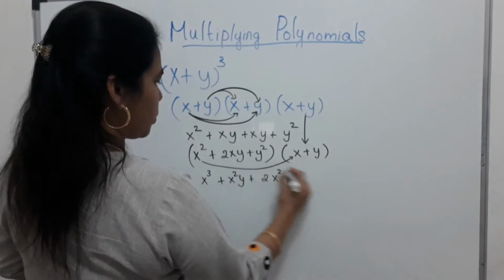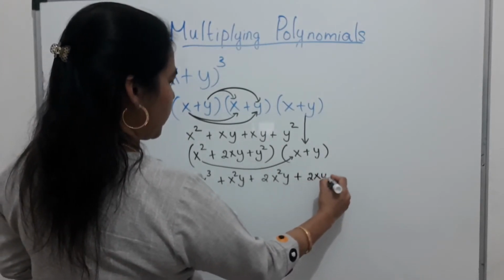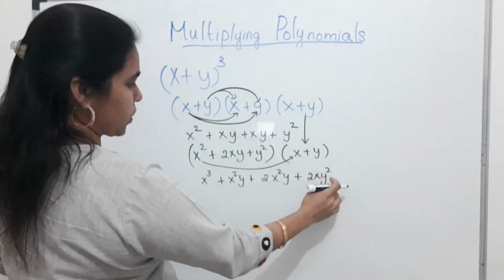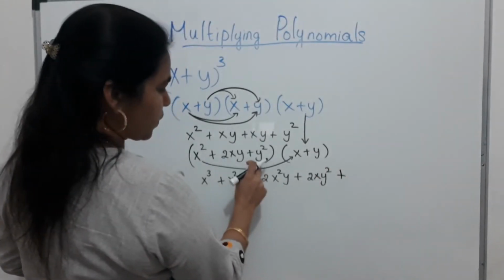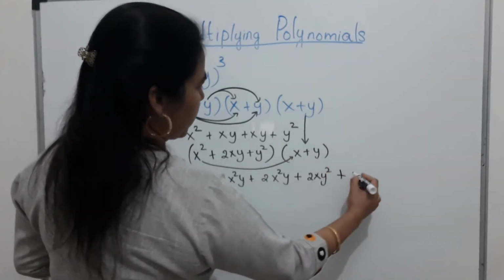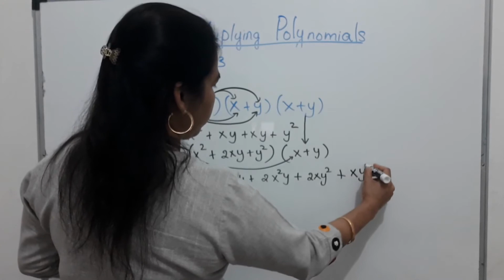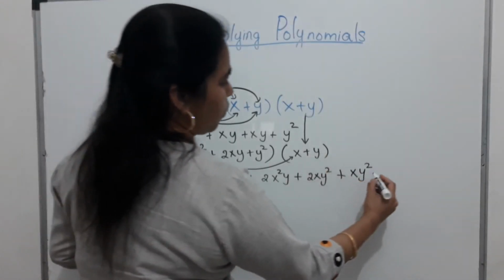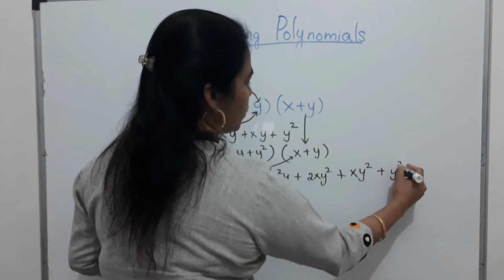So plus 2xy squared, because there is only one x in here, and y times y will be y squared. Plus, now you have to multiply with the third term. y squared times x will be xy squared, and then y squared times y will be equal to y cubed.